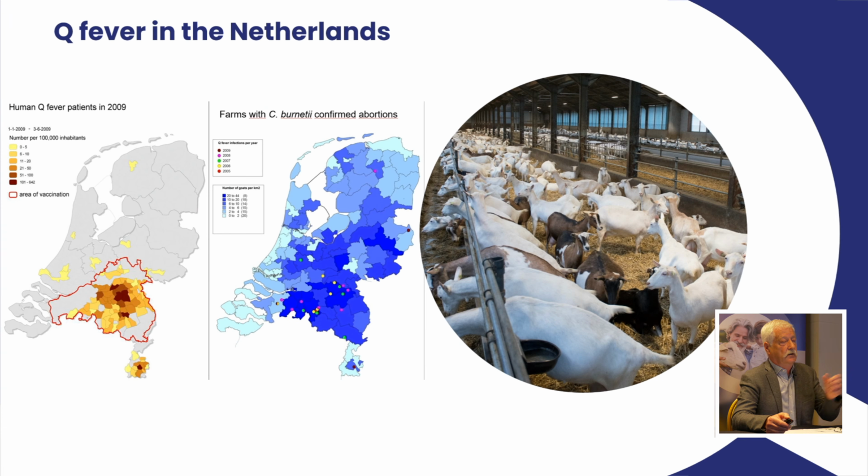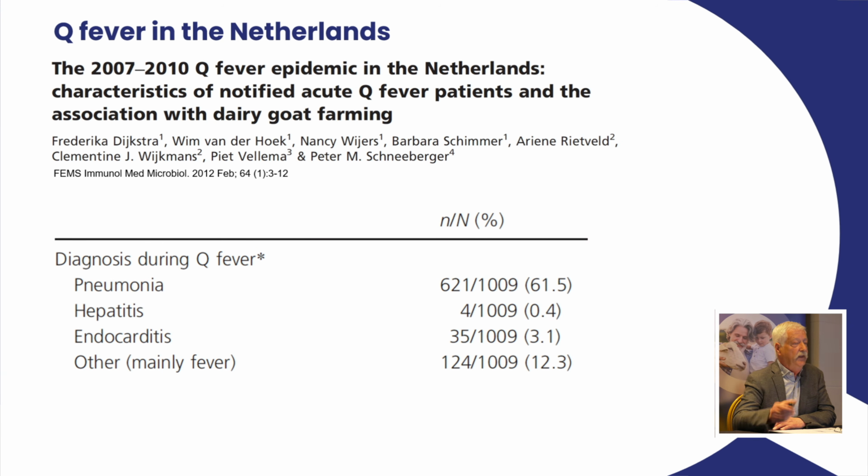So this is an overview, and there's always then a question, were dairy goats the cause of the outbreak? All the information we gathered makes it plausible that dairy goats mainly were the cause of the outbreak of Q fever. If you then look at what has been done about notified and confirmed human cases and background information gathered from these patients, you see 1,009 patients and 621 of them were diagnosed with pneumonia, which is 62% of all those cases.